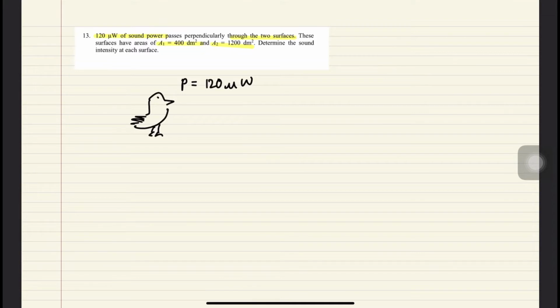Okay, so you know that intensity is equals to power over area. So you can calculate I1 and I2 respectively.